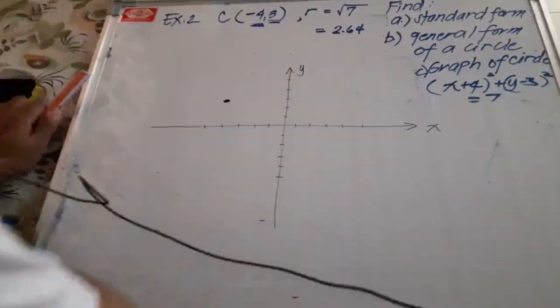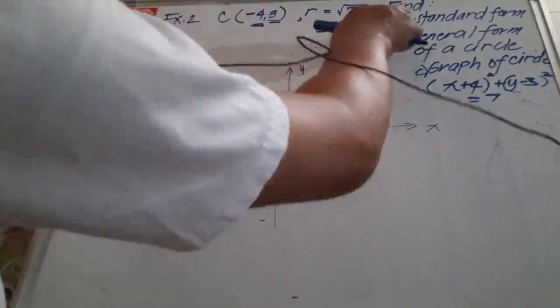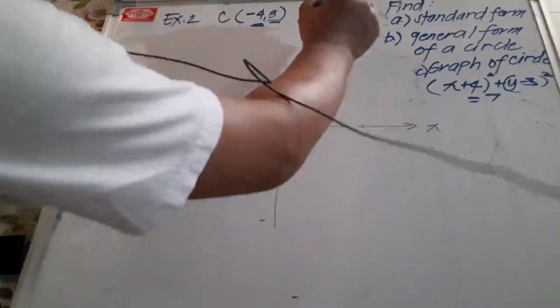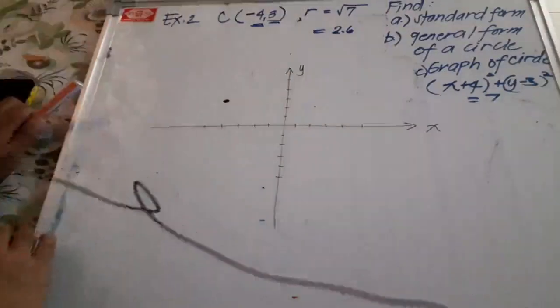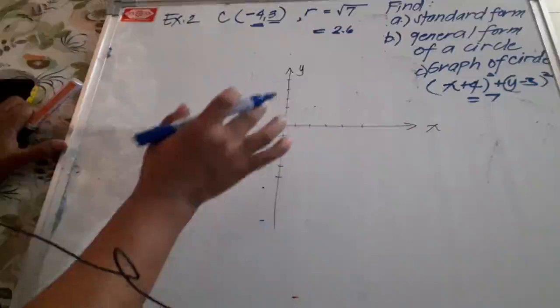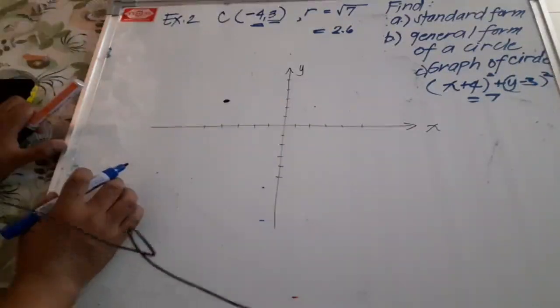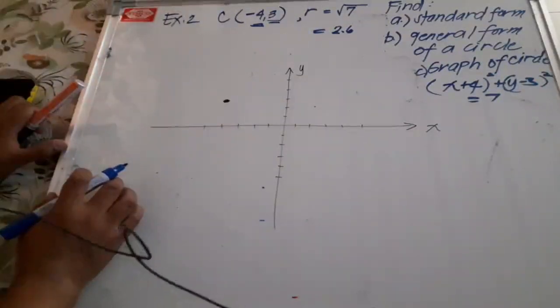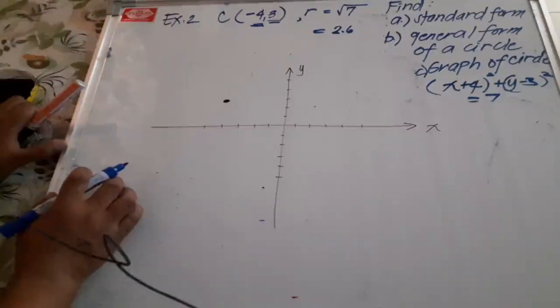So, I'm just going to use 2.6. Starting dun sa center ng circle, sukat tayo ng upward, downward distances, tsaka for the horizontal to the left and to the right ng 2.6 units.